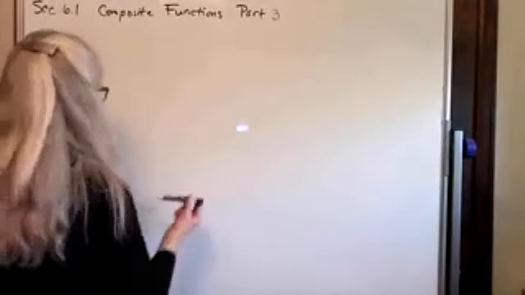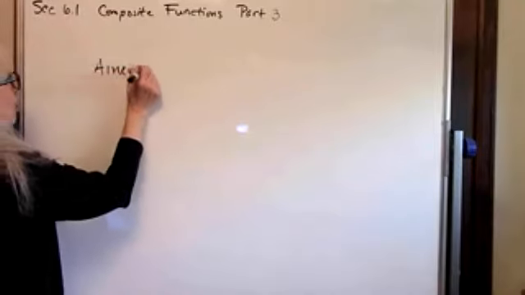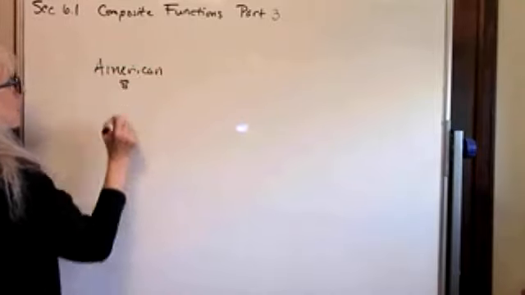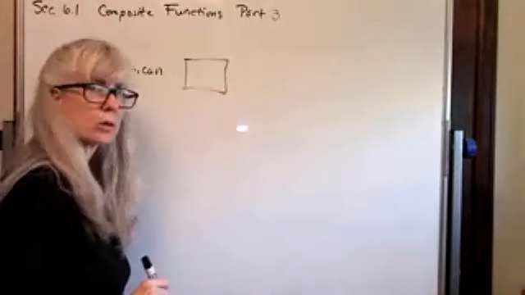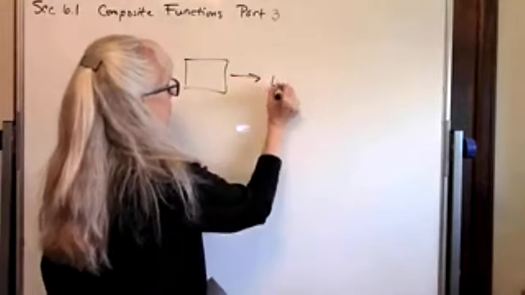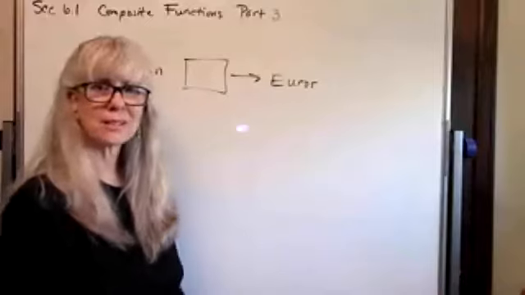So my first input is the American dollars. You're going to put it into some type of machine that changes your dollars into euros. So now you're over in Paris and you're using a euro, and I don't know what the symbol for euro is, so we'll just write it out.